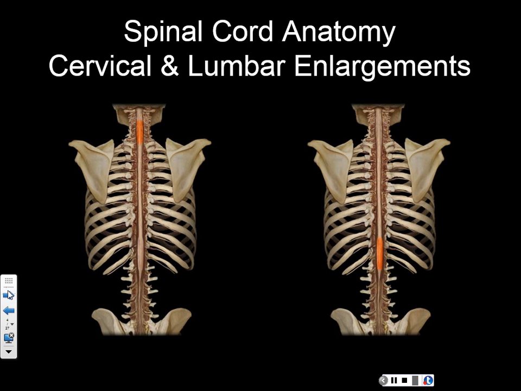In the next lecture, I think we'll talk about how many spinal nerves come from each region. So, like I was saying, this enlargement gives rise to the brachial plexus, which controls the upper limb, and this one right here controls the lower limb, the lumbosacral plexuses.